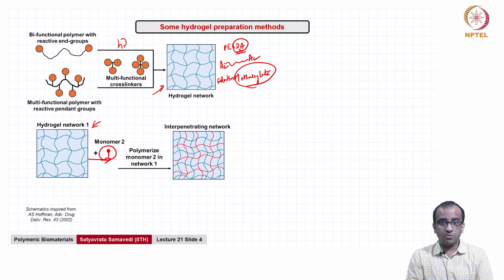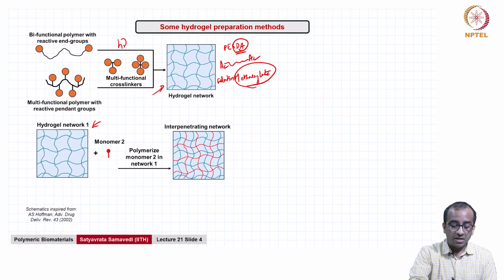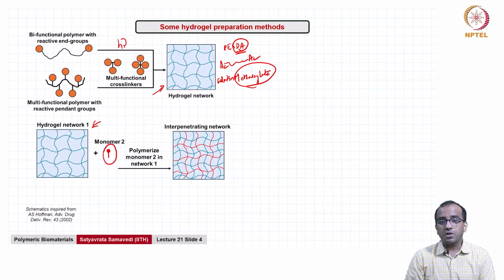So, you have made a network, and the network, after curing or after cross-linking, you are now swelling it. Now, the solution in which it is being swelled has the monomer for the second network. Thereafter, you polymerize monomer 2 in the hydrogel network 1.